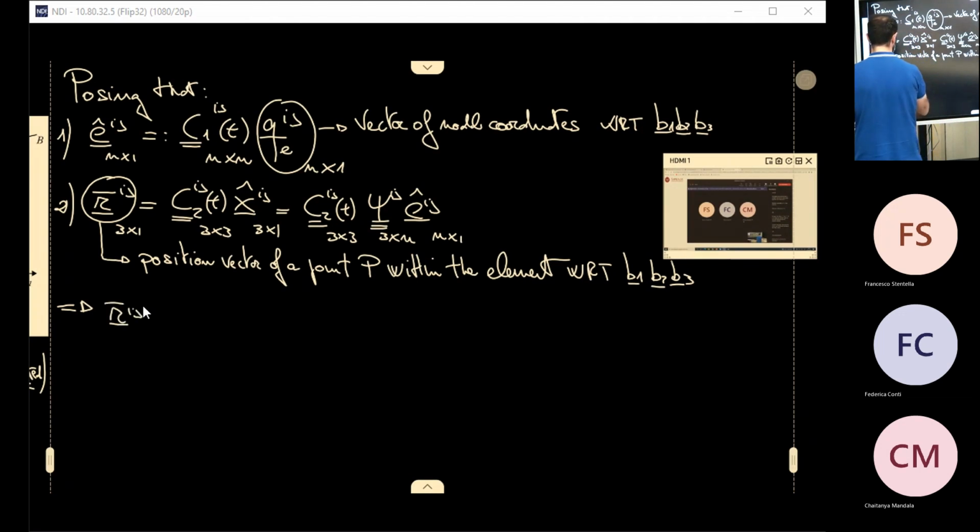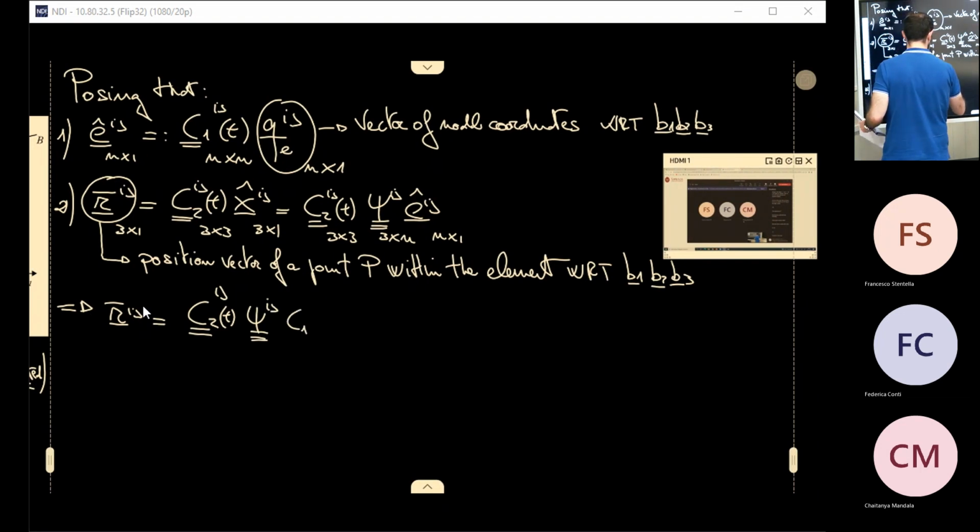Okay, the consequence was that we could write the following. This is just a recap of what we were able to achieve last time. So C2 ij, function of time, C ij, not a function of time, of course, C1 ij, function of time, and QE ij. And this is, of course, a function of time.